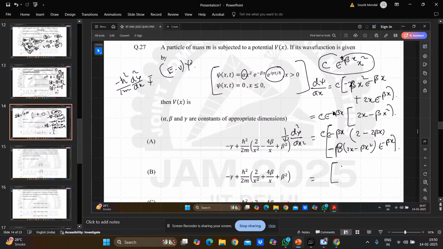So you will simply be left with 2 by x squared minus 4 beta by x plus beta square, right? So this is the quantity we are left with, and if you arrange this you can eventually get the option. Nothing complicated, but do the differentiation carefully.